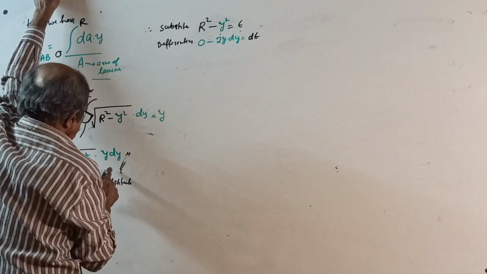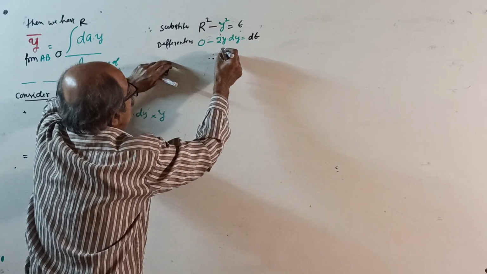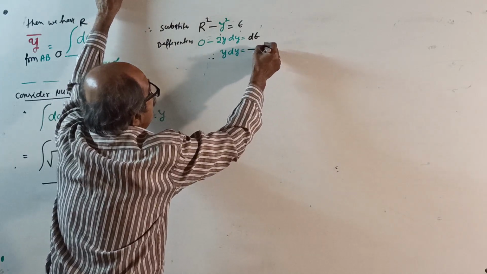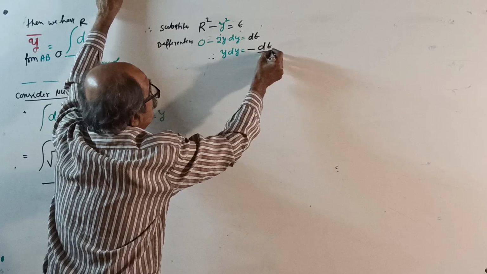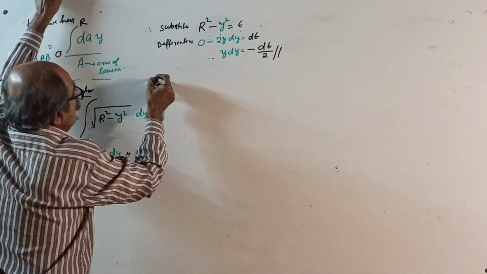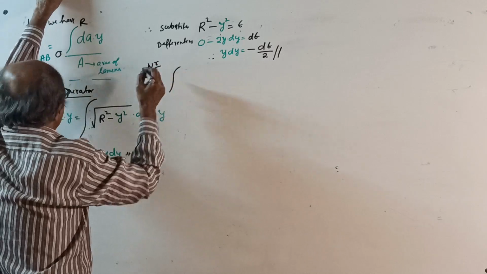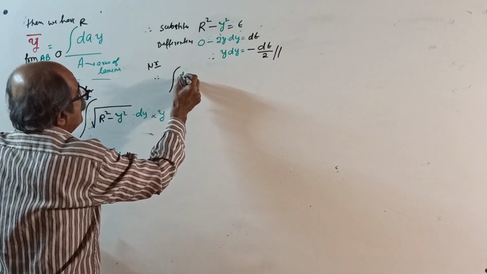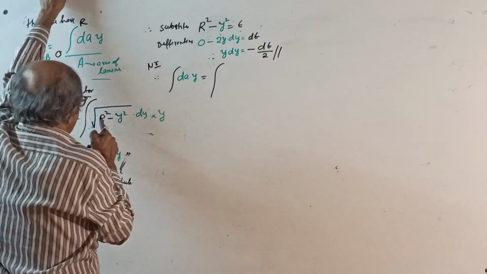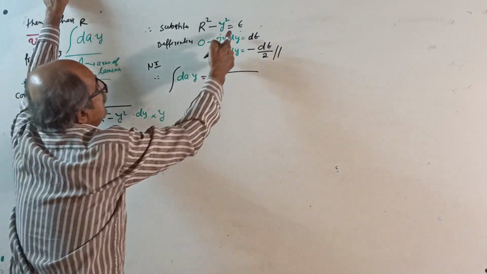See, here you got y dy. Therefore, in the integration where you got y dy, that will become minus dt. Last time it was 2 by 2. Therefore, the numerator, integration of dA into y, will now become integration of root of r square minus y square, which is root t.